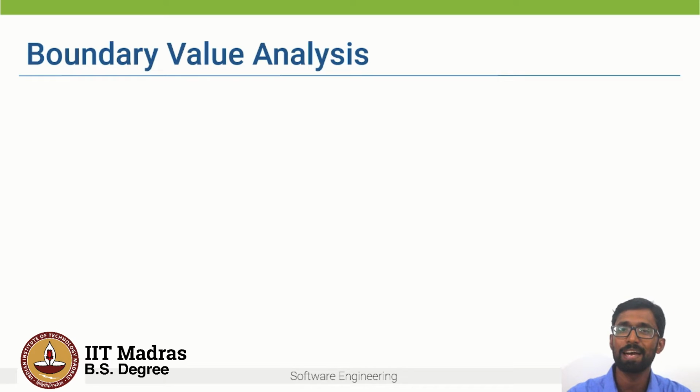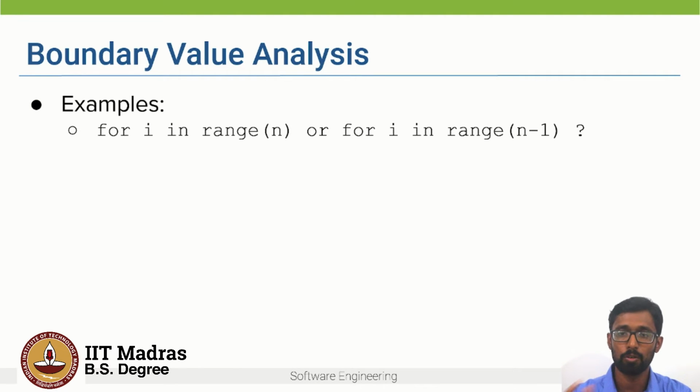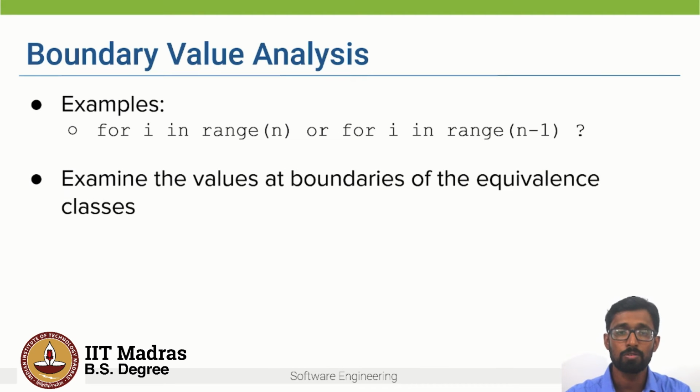Should it be less than or less than or equal to? Some examples are, what should the range of values be in a for loop? So in boundary value analysis, we examine the values at the boundaries of the equivalence classes, and we design test cases using the values at the boundaries of different equivalence classes.